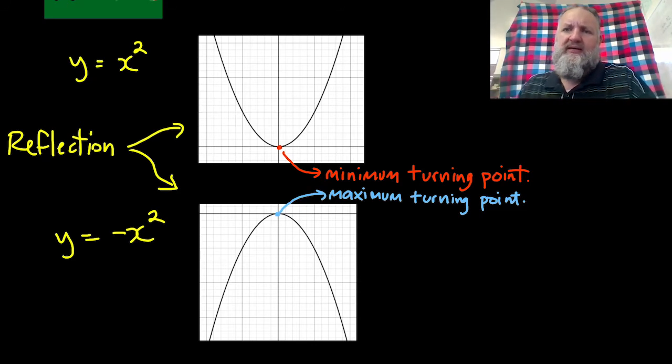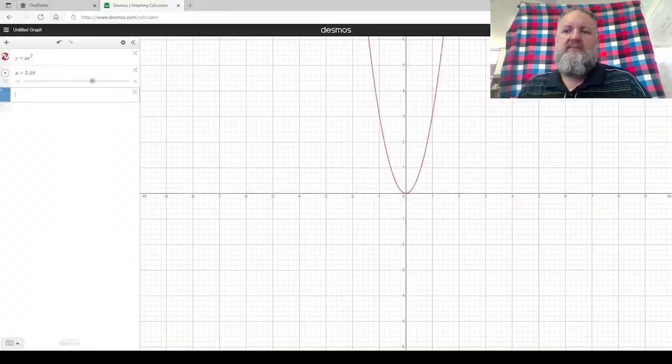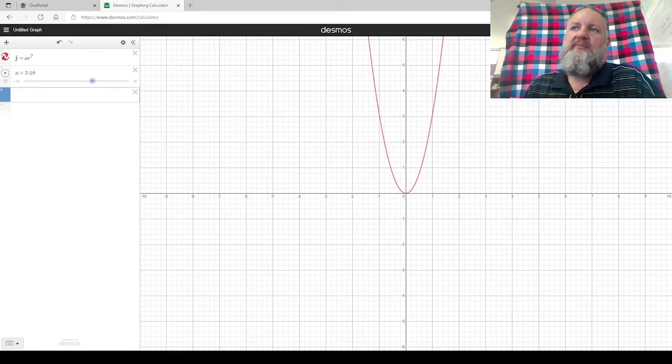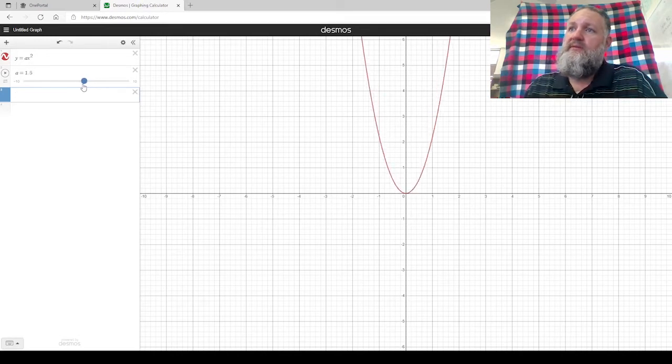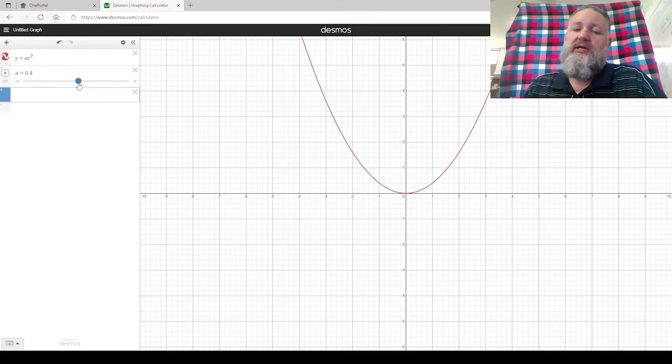I actually have a little Desmos screen that I will show you here. You can see up here I have y is equal to x squared, but I have this a. A is just the coefficient of x squared, and I can give it different values. When I give it positive values, you will see that we have that bowl shape.